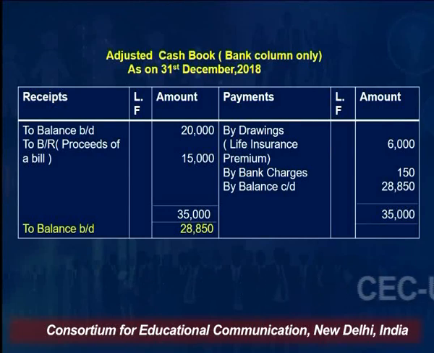Any bank charges were recorded in the passbook but not recorded in the cash book. I have already told you the thumb rule to prepare the adjusted cash book: all those errors or omissions which are done by us, or which are not recorded in the cash book, will be recorded here.